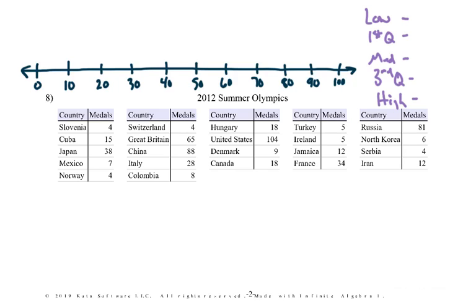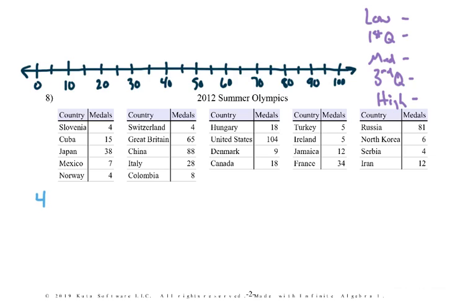Then if I needed the halfway points, put those on as well. And then we can use that to kind of estimate. So what I need to do is put the numbers in order.